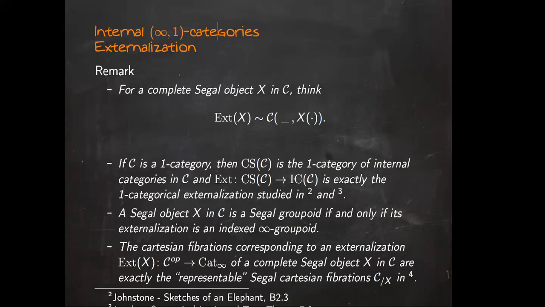He has this paper about complete Segal objects in infinity one categories, and he considers also Cartesian fibrations over them, and then he has a process to assign to a complete Segal object a representable Segal Cartesian fibration in his language. And if you translate from his language over complete Segal spaces to quasi-categories, then these are exactly the externalized ones. So in fact, some of his results can be just used in this context.